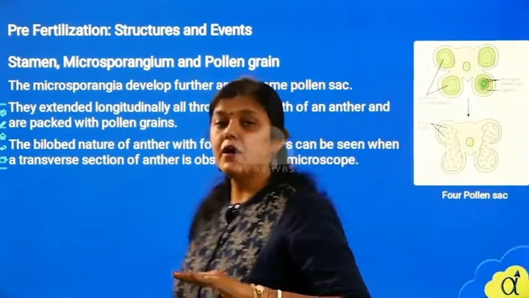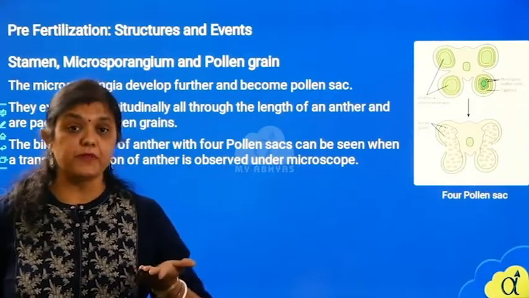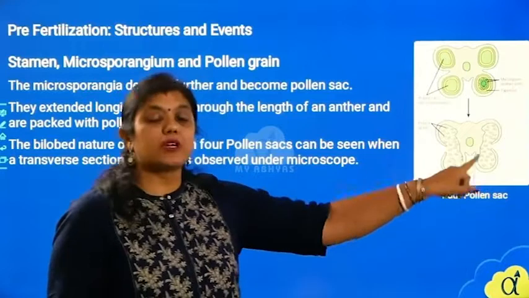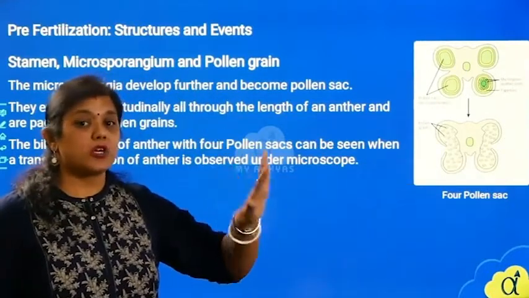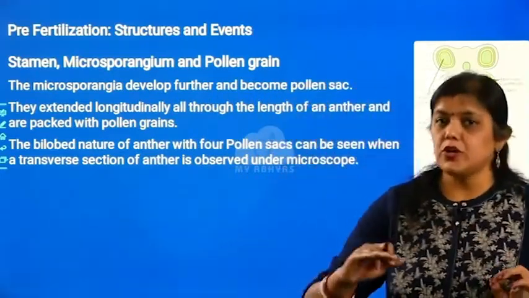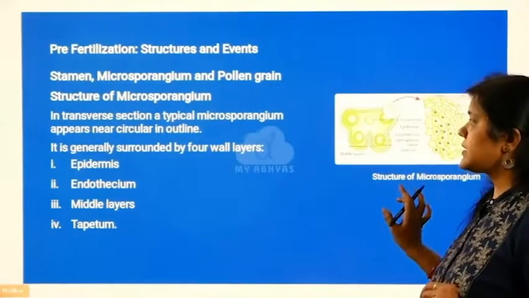If you cut an anther, do a dissection and put it on a slide, then you can see these 4 structures very clearly. Did you understand this?